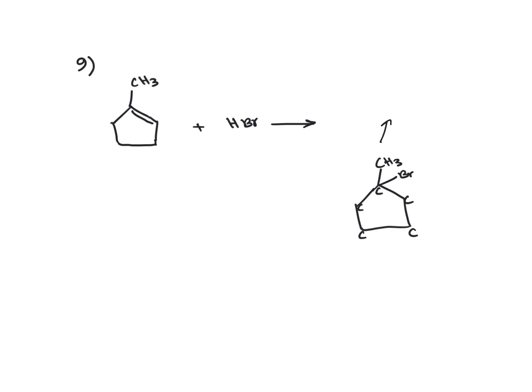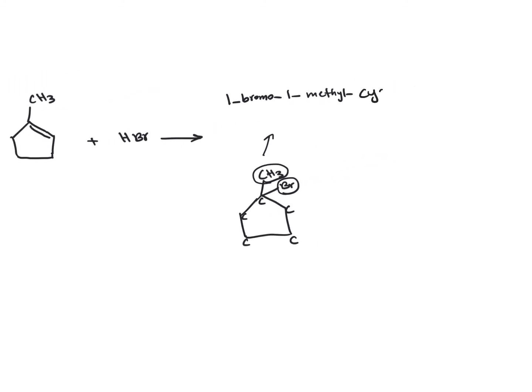Remember from the previous chapter, chapter 2, we have bromo and methyl groups, right? So we say 1-bromo-1-methylcyclopentane. So this is the answer to this question.